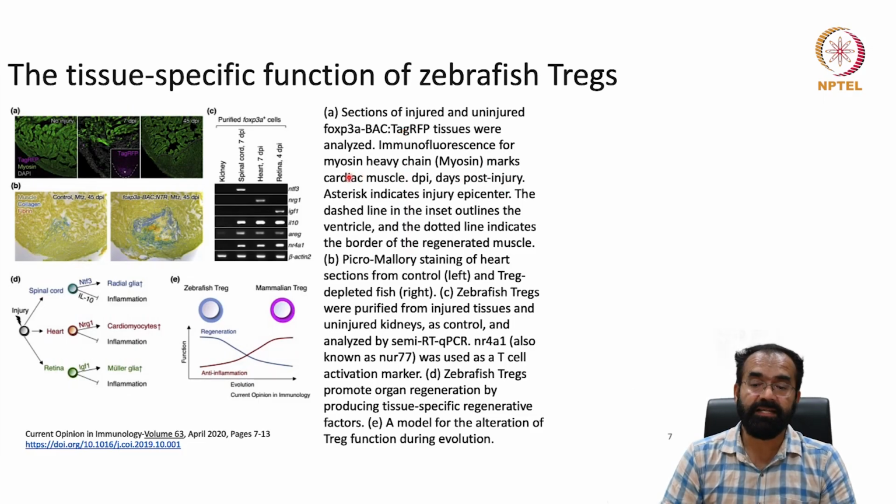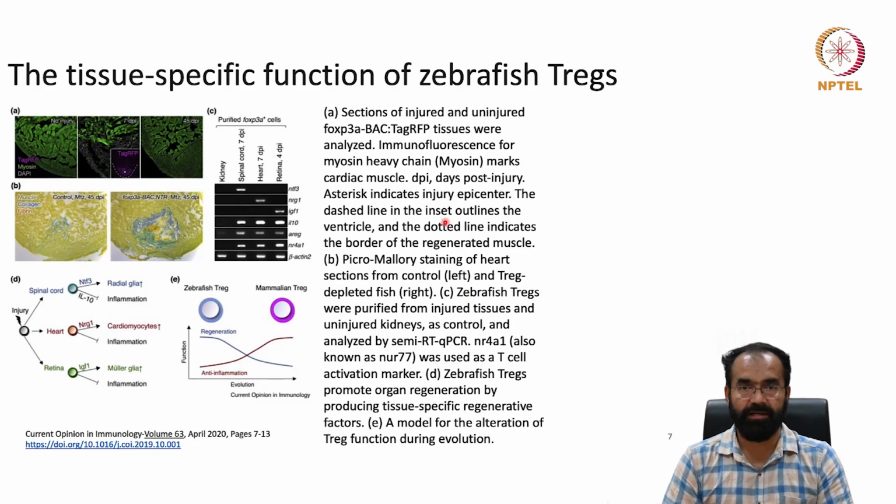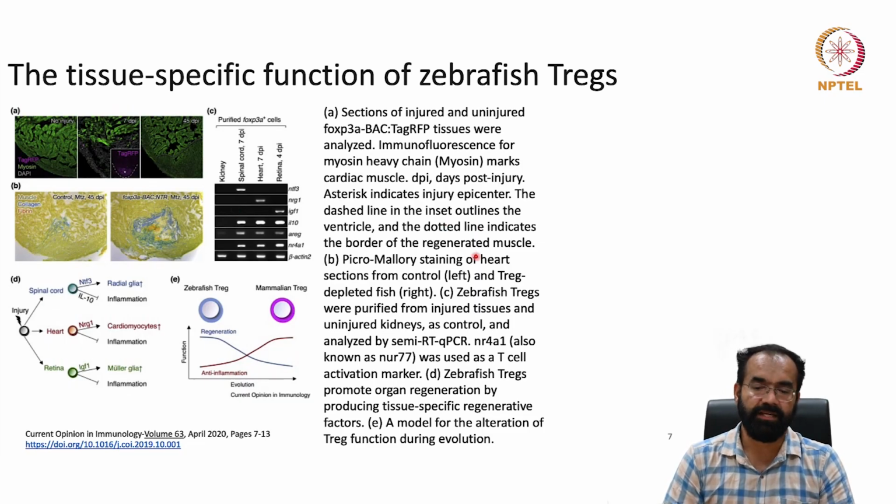And here we can see the control is different; actin is used as a control. Also, immunofluorescence has been done in the heart for the myosin heavy chain, which marks the cardiac muscle, and asterisks indicate the center of the injury spot, and the dashed line indicates the outline of the injury in these pictures.